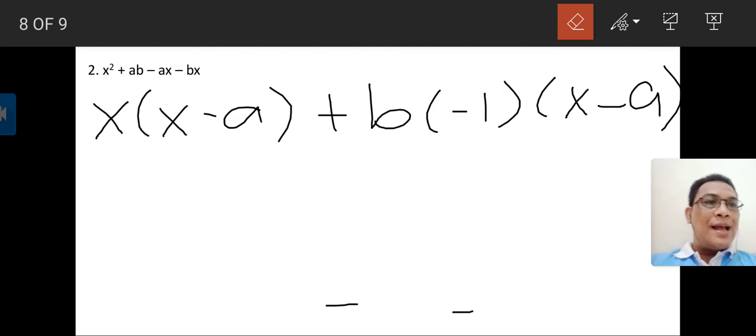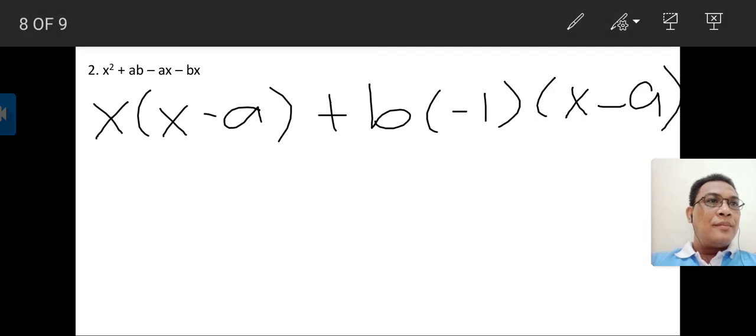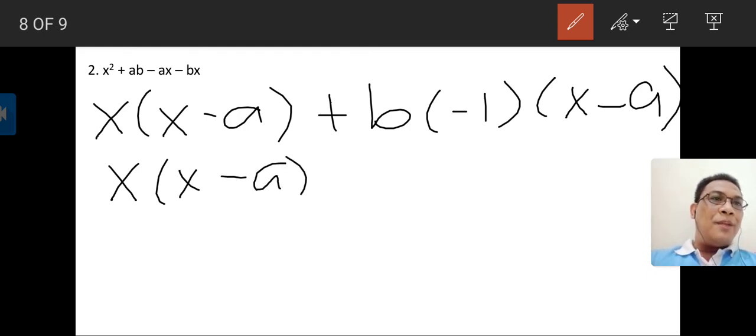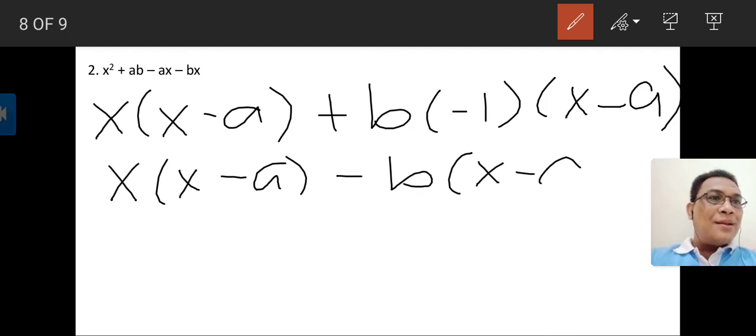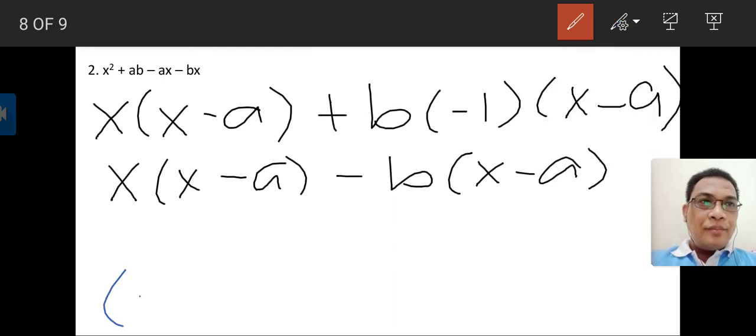So let us try to evaluate this. We have here x minus a, positive b multiplied by a negative 1, that will be negative b, times x minus a. Again, your GCF will be x minus a.